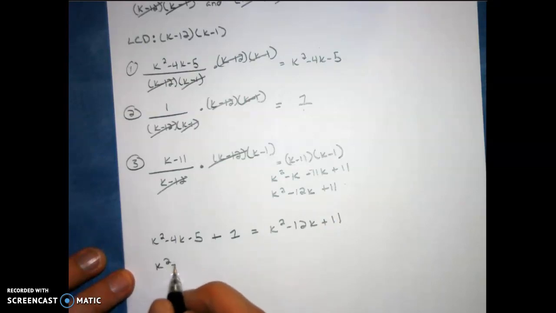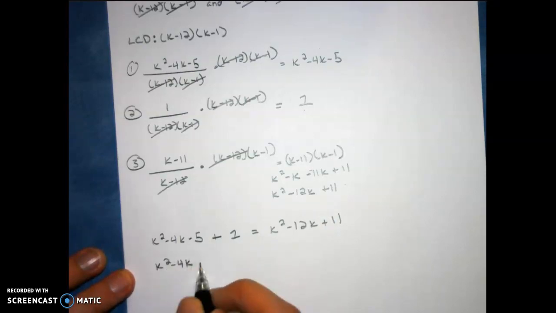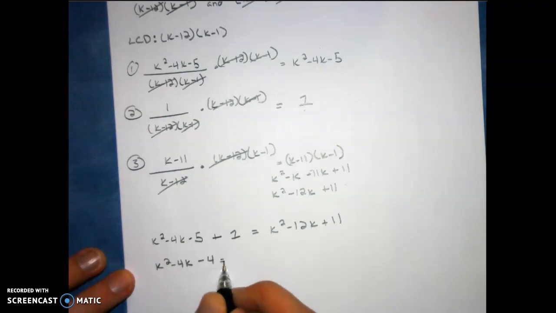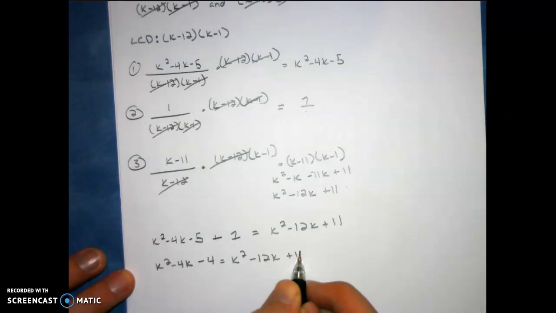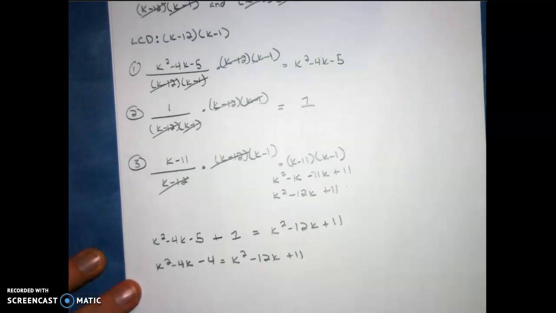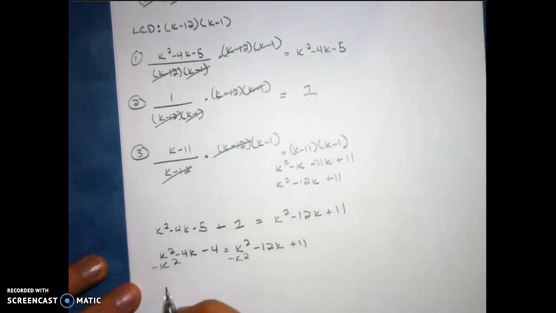So I have k squared minus 4k minus 4 is equal to k squared minus 12k plus 11. So my goal is to get one side equal to 0, so I can combine like terms. So I'm going to start by subtracting my k squared. So these cancel, so they give me minus 4k minus 4 is equal to negative 12k plus 11.